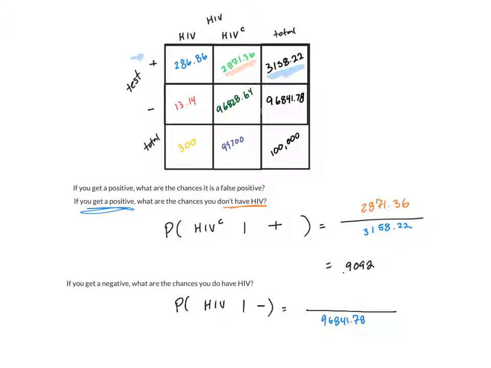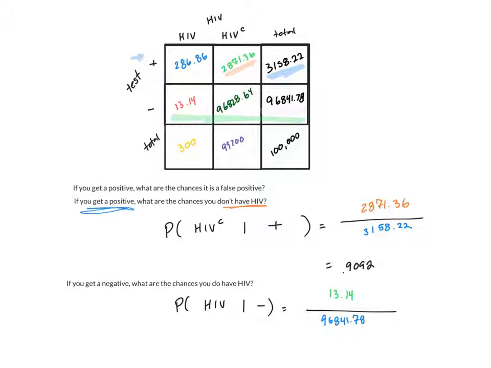And out of all of those people who got a negative on the test, it looks like, looking across once again, I have 13.14 of them who actually had HIV. And once again, just to make sure we're on the same page here, I'm looking at this row right here. These are all the people who got a negative test result. So out of the 96,000 who got a negative, 13.14 of them had HIV.